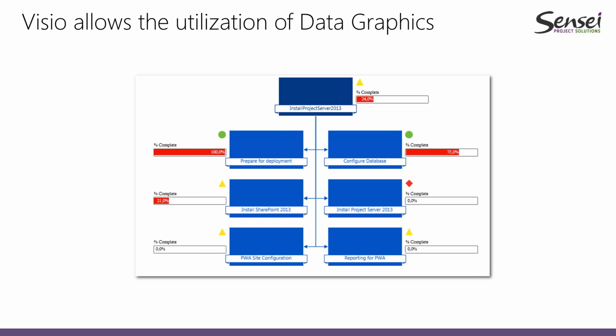So here, for example, we are demonstrating the percentage of completion for the tasks, as well as some icons that will determine the health of the tasks, which can be tracked based upon the schedule, or based upon the work or cost or anything that we would like to use.